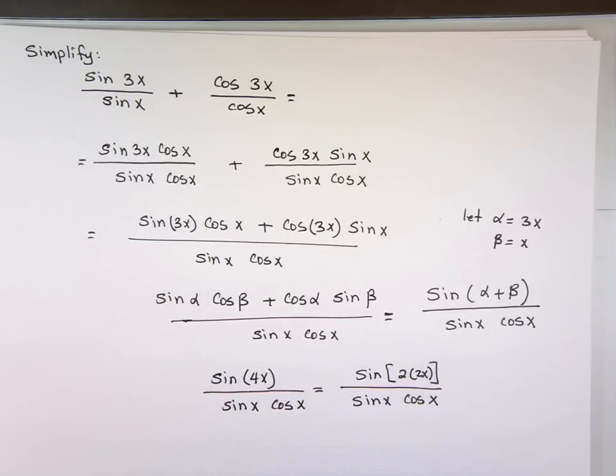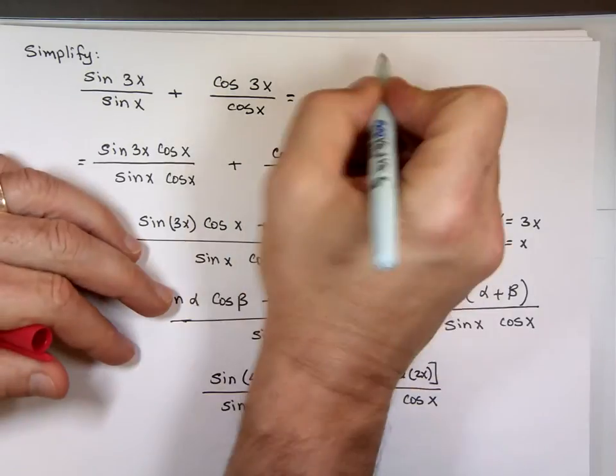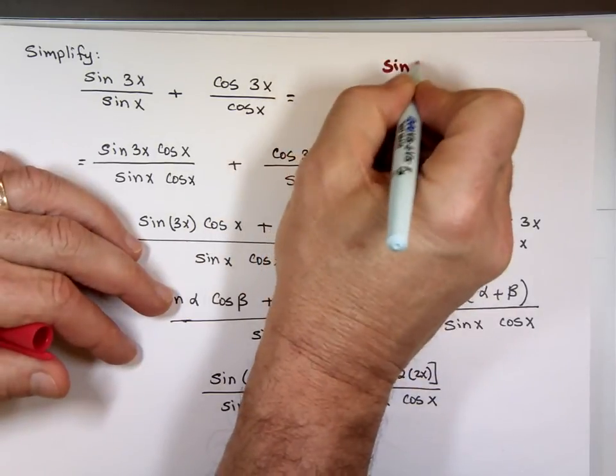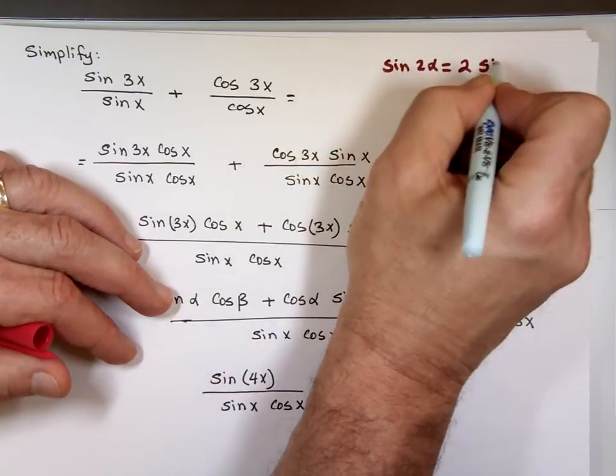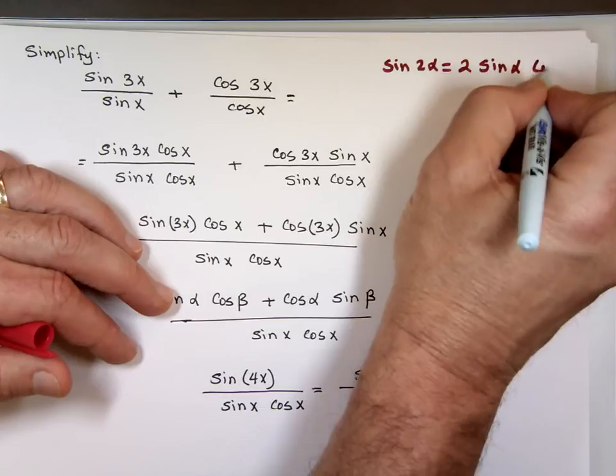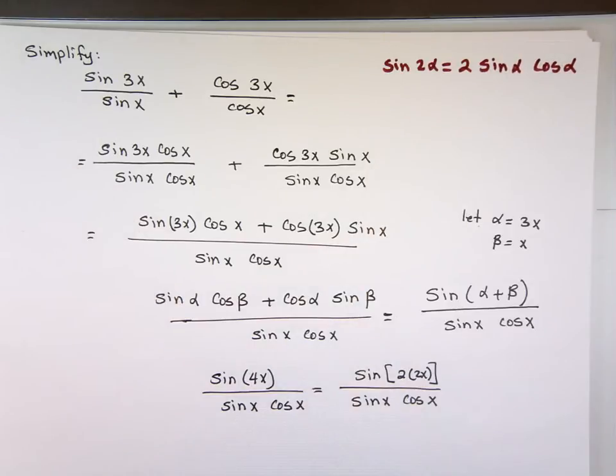And if you recall, I have an identity that says sine 2 alpha is equal to 2 sine alpha cosine alpha. Maybe I can do that here. Except my alpha here is 2x.